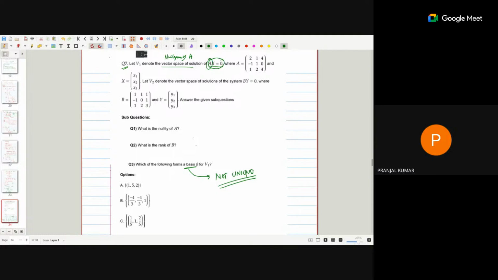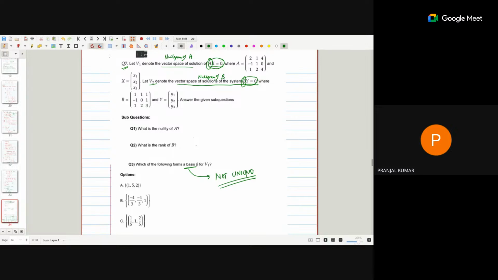Now let V2 denote the vector space of solutions of the system By equals 0. Again, the solution set to By equals 0 is nothing but the null space of the B matrix. So these are your V1 and V2.